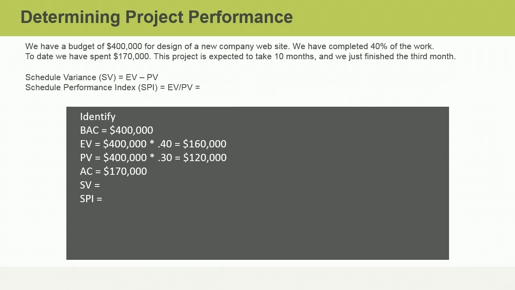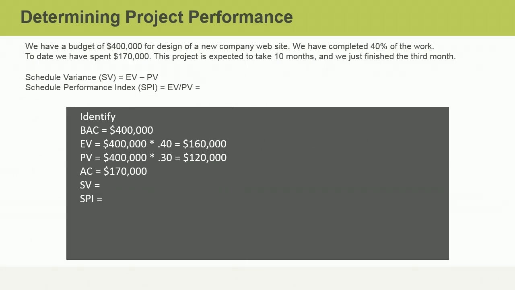Once you have identified the raw work performance data, including BAC, EV, PV, and AC, you can turn this raw data into work performance information, which is meaningful information about your project performance. Let's start with the schedule. The schedule variance uses a comparison of earned value against planned value. In other words, how much work has been completed by now compared to how much work was planned to be completed by now.